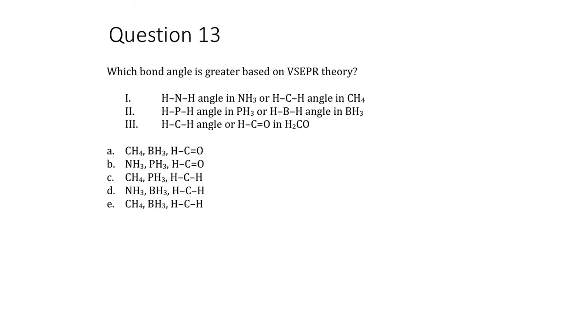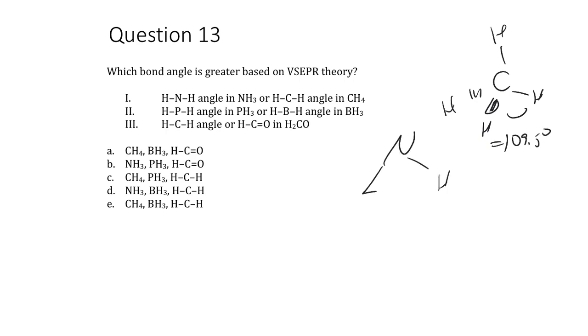Question 13: which bond angle is greater according to VSEPR theory? So ammonia versus methane. Methane, CH4, has to be a perfect tetrahedral shape, so these bond angles are exactly 109.5 degrees. And then in ammonia, the issue is that it turns out to not be perfectly 109.5 degrees, which you would expect for a tetrahedral type shape.